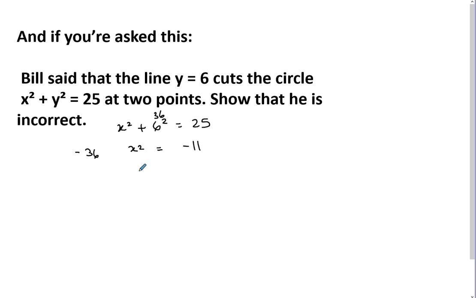And you can tell that you can't actually square root a negative number. And so if you can't square root a negative number, it means that there is no point of intersection between the line y equals 6 and x squared plus y squared equals 25.